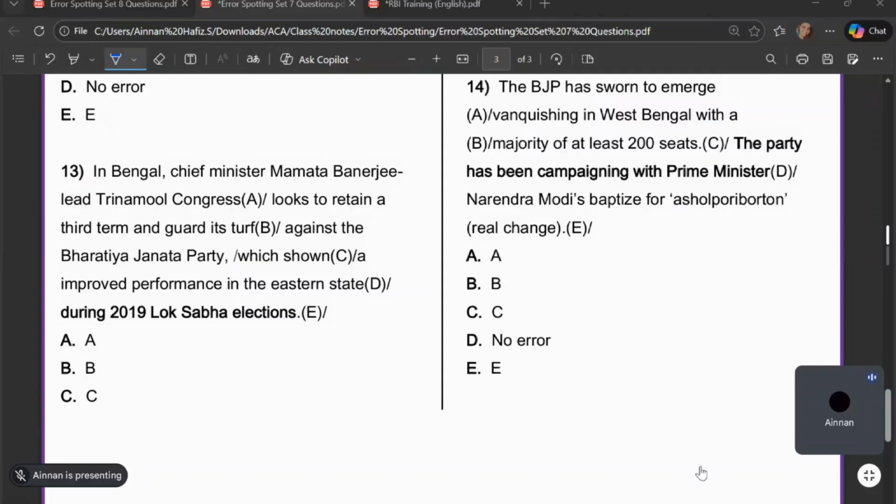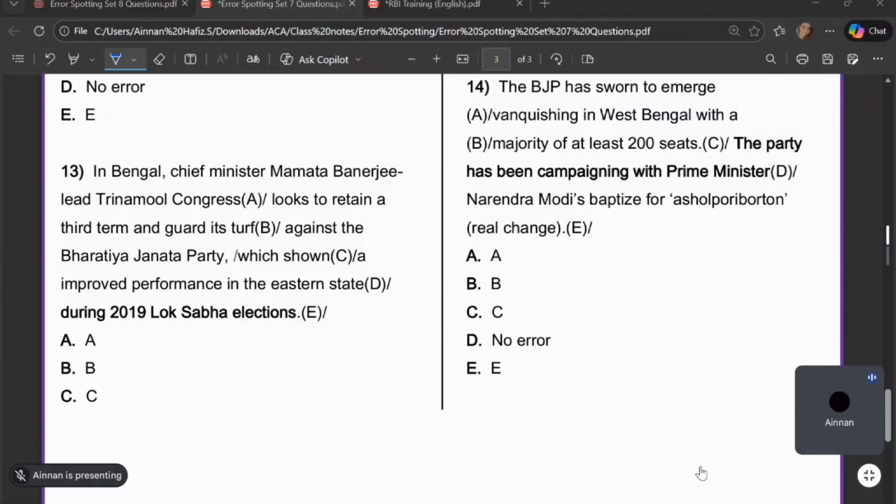Okay, what's the error here? Ma'am, actually, it's both in A and C. In A, instead of lead, it should be leads. And in sentence C, instead of which shown, we can use which shows.